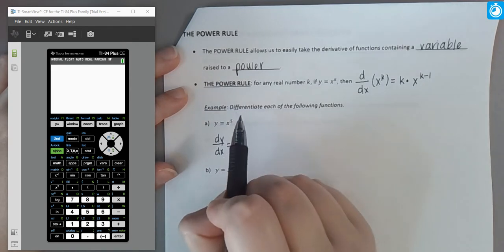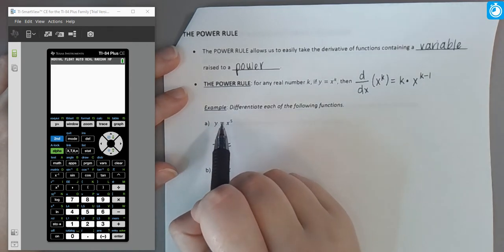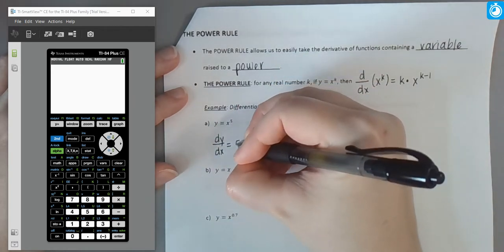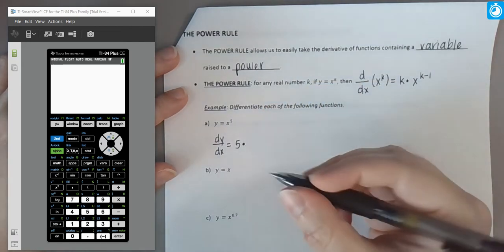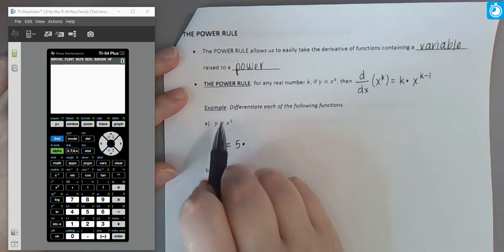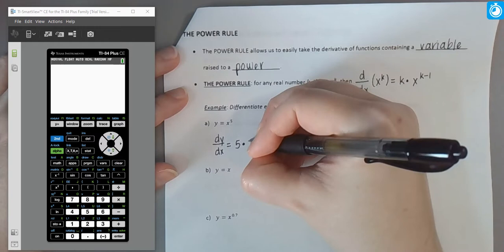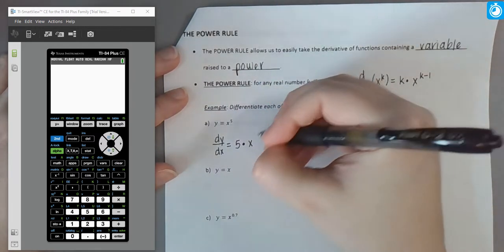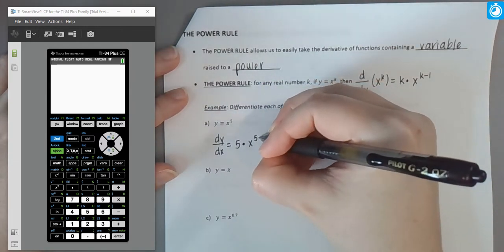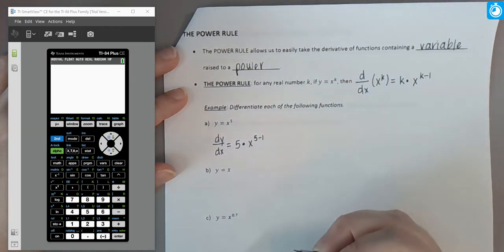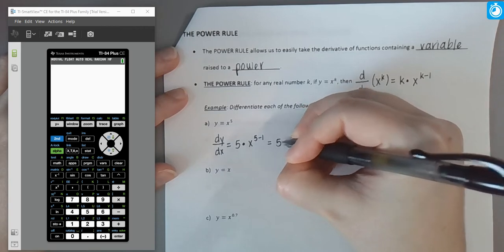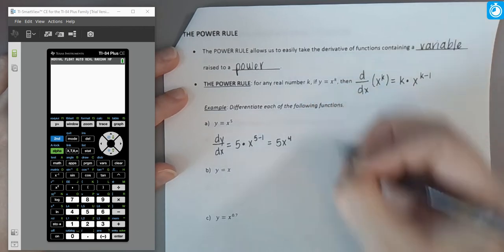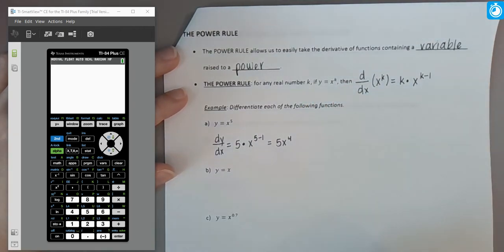The power rule says bring down your exponent, so bring down the 5, it becomes the coefficient, a factor, and then multiply by the base raised to an exponent, but the new exponent is going to take the old one and subtract 1 from it. If we simplify all of that, that's going to be 5 times x to the 4th power. That will be the value of our derivative.